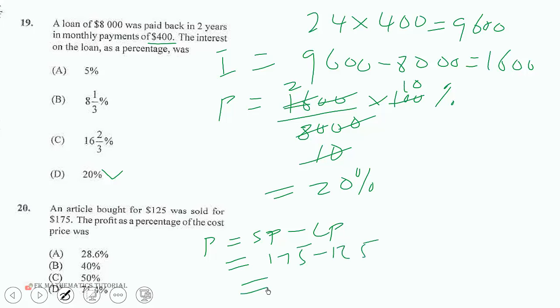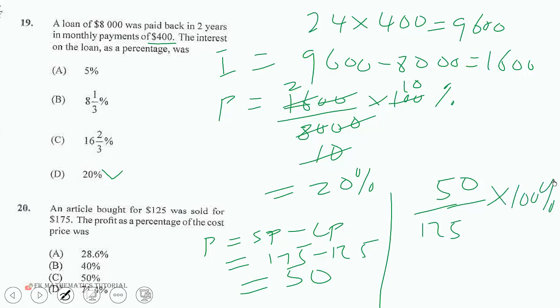So 175 minus 125 will give you 50. So 50 over the cost price, which is 125 times 100%.